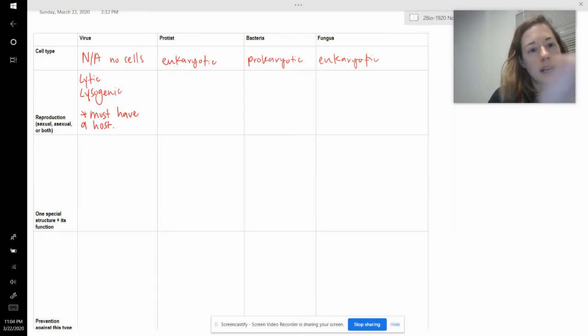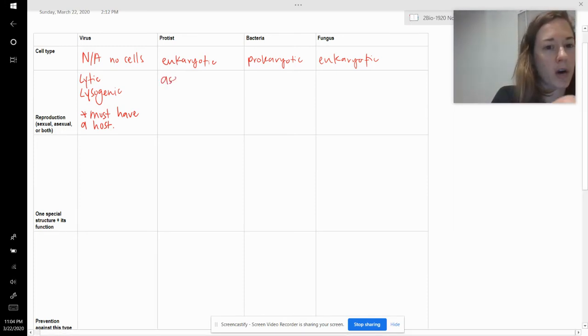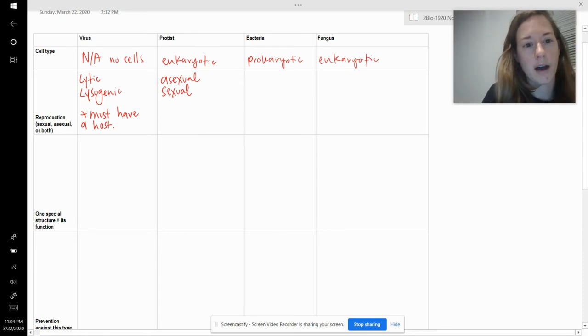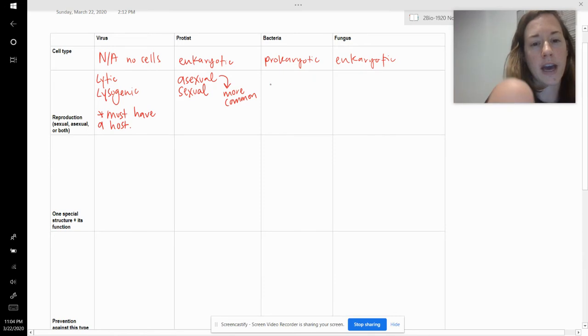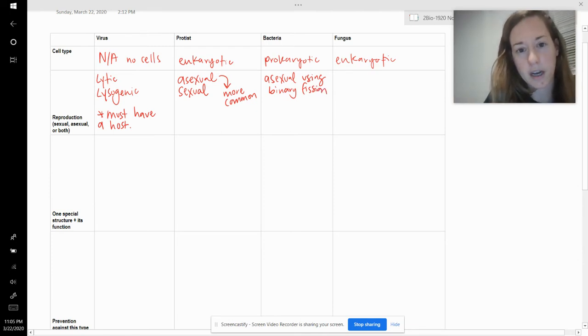For protists, they can be asexual, which is more common, or they can be sexual, which is less common. So I'll just say asexual is more common. And then for bacteria, they are asexual using something called binary fission, which is basically a really fast way that they can copy themselves.